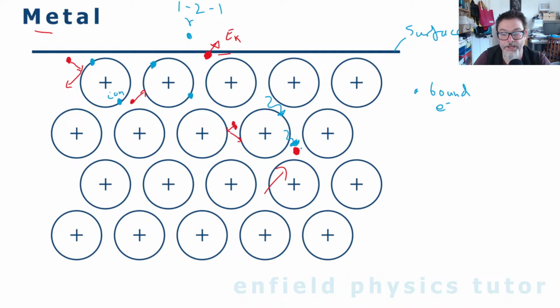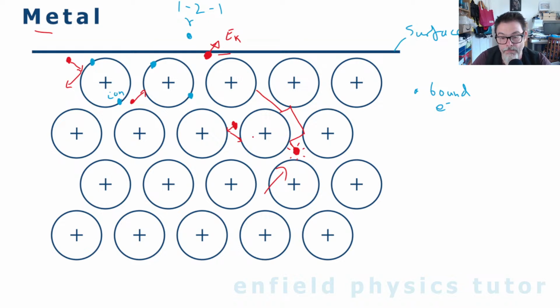It hits that delocalized electron, ceases to exist, goodbye photon, and gives all of its energy to this delocalized electron. So this one is now all excited. It's gained some extra energy. And so what does it do? It whizzes around. But they're already whizzing around, aren't they? Remember? But this one whizzes around a bit faster because it's got more EK. So it carries on whizzing around and does some collisions.